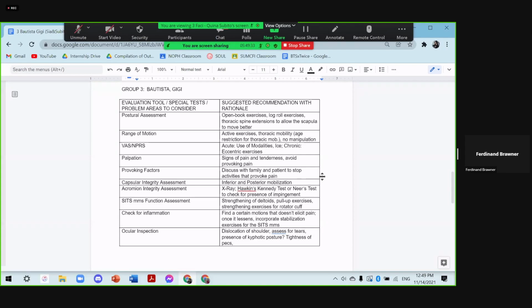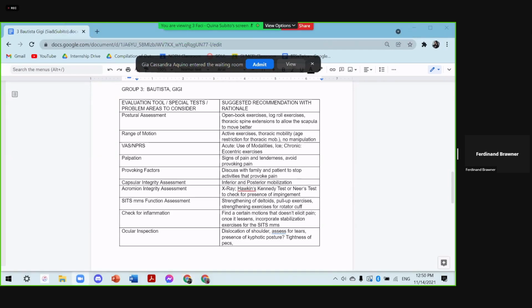The neck might be in a forward posture, so we check the scalenes, the SCM, even the thoracic muscles and the chest muscles, and treat appropriately.